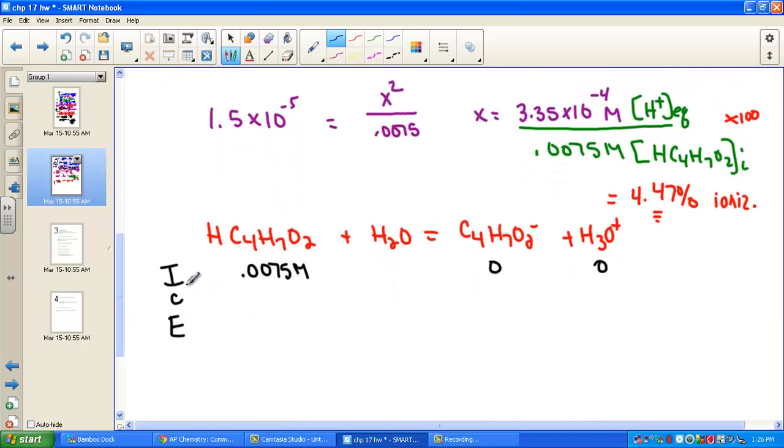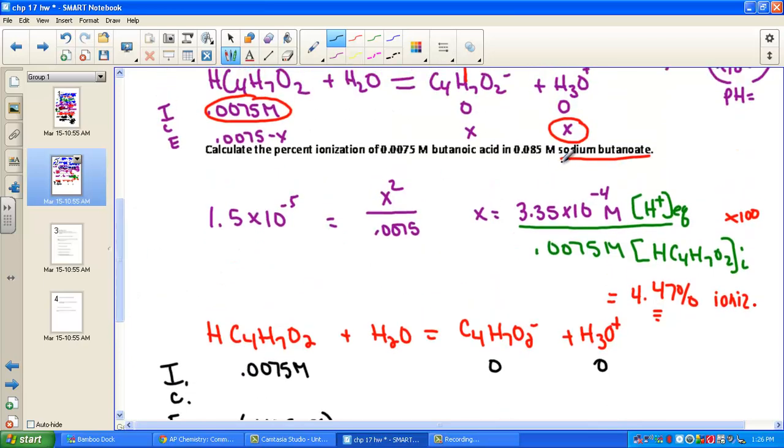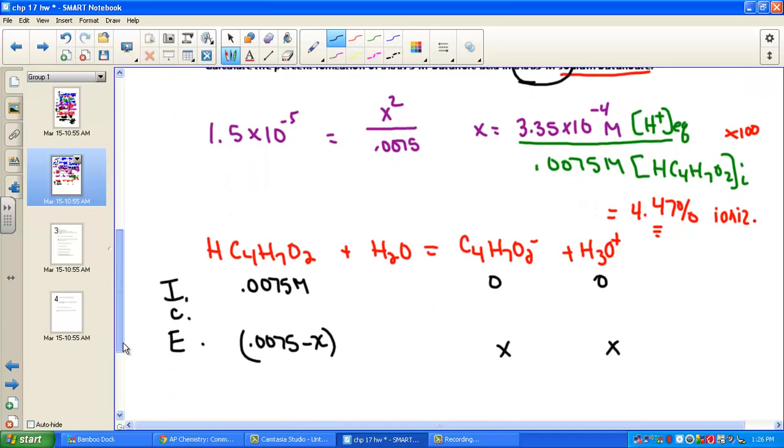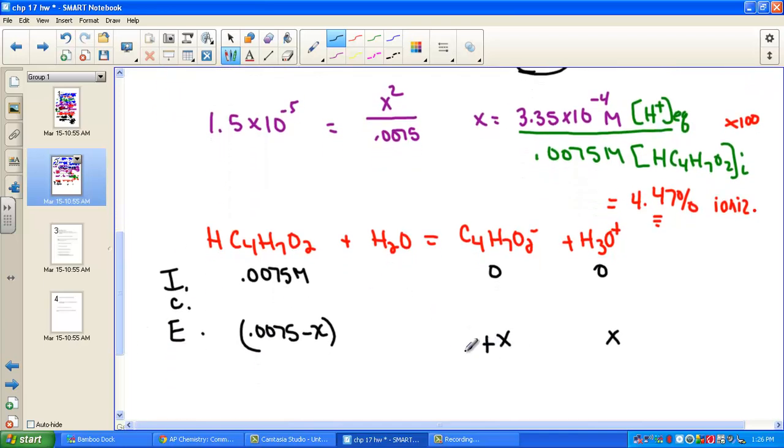At equilibrium, we would have 0.0075 minus X. We would have X and X ions. Then we add the common ion. We add the salt, 0.085 molar of that common salt.